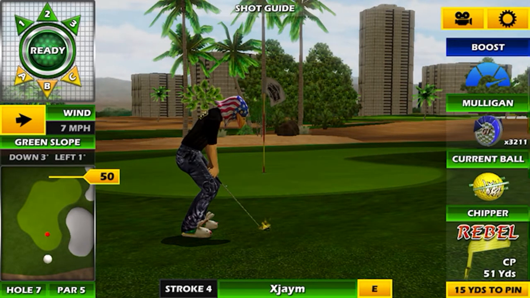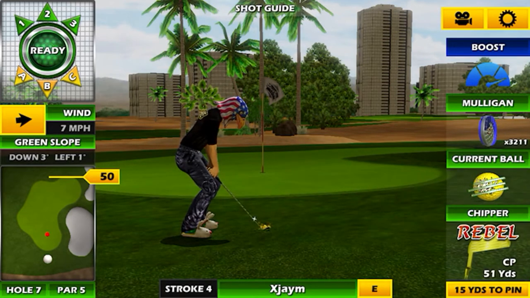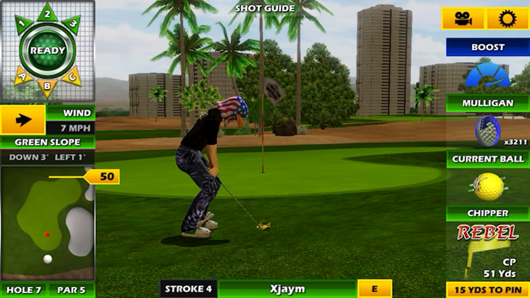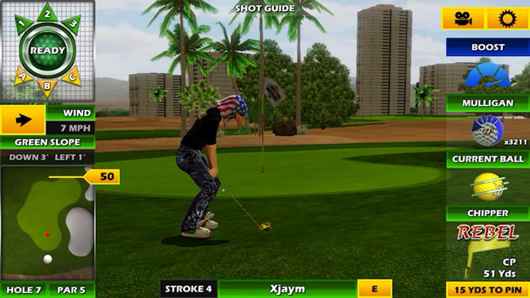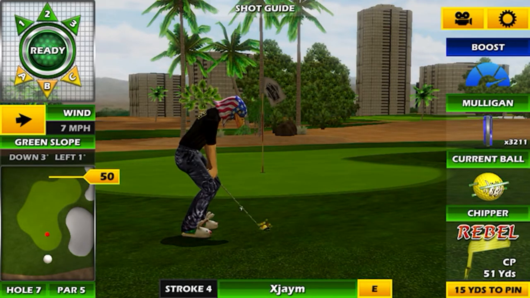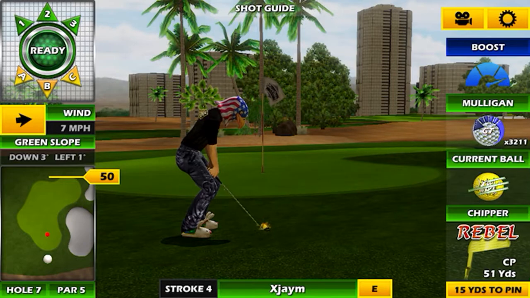1, 2, 3, 4. Now we're going to do our power. 50 yards, 15 yards to the pin is 30%. Then if it's up or down, you're going to add or subtract it. So we're at 30% with a down 3. We're going to take 3% off and go to 27.